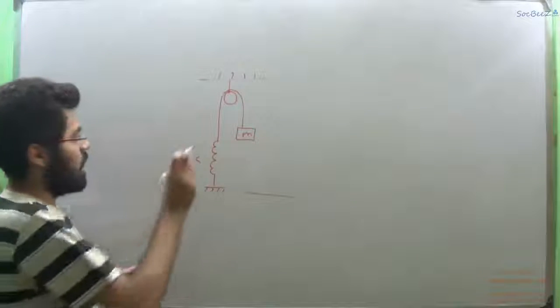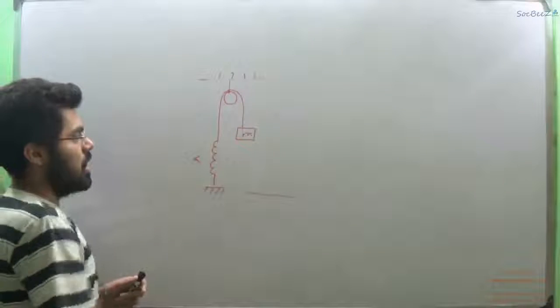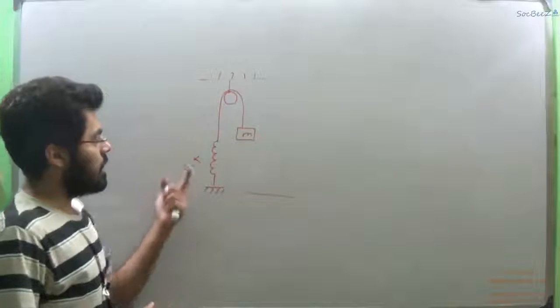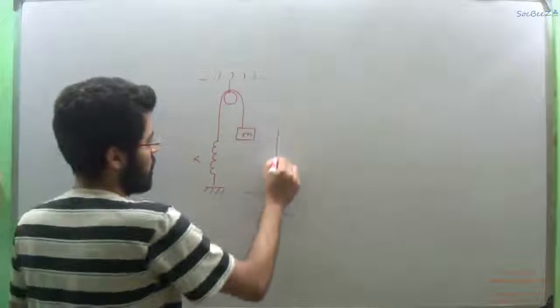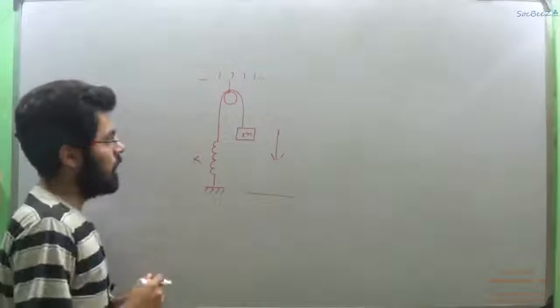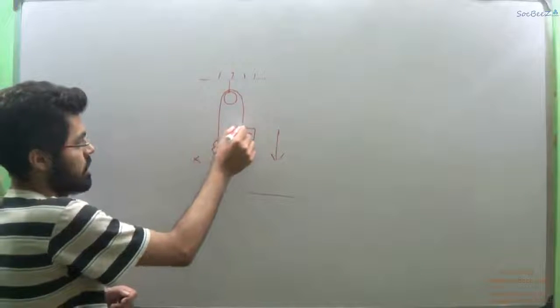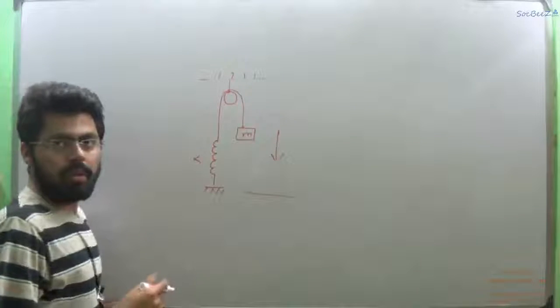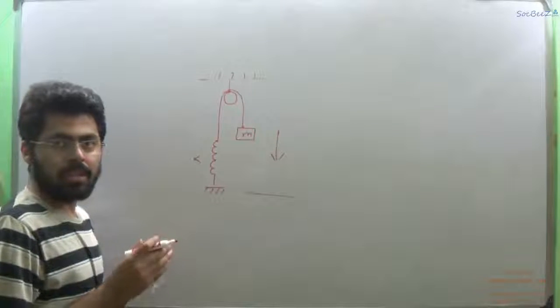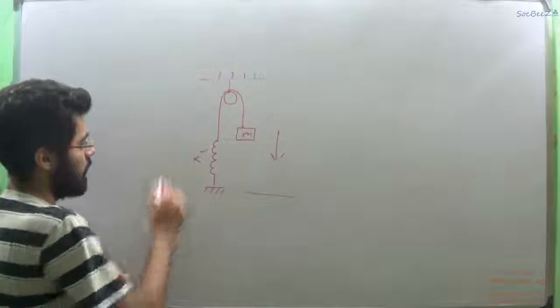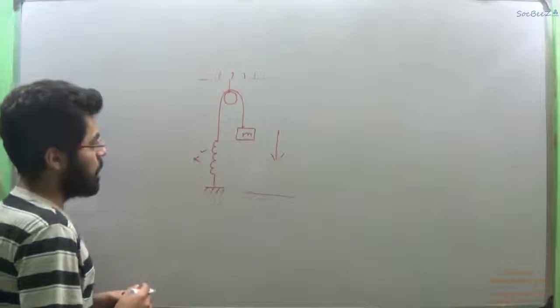Now, as soon as we leave this block, what will happen? Definitely under the effect of gravity, it will try to come down. So, the string has its fixed length. It means the only thing which will change its size is the spring. So, the spring will get elongated.